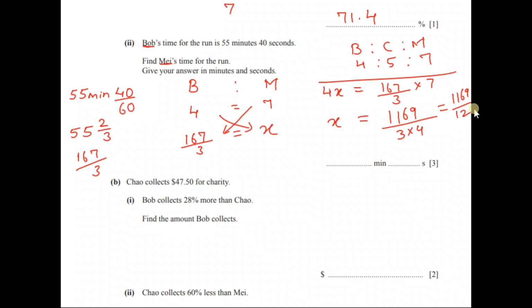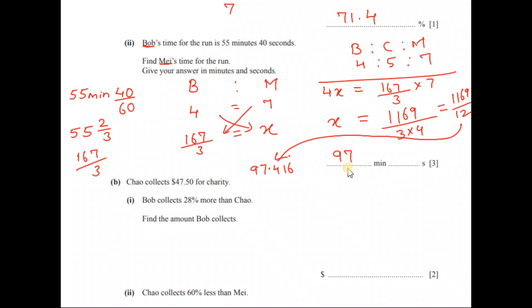So this is the improper fraction I'm getting for my answer. Now if I solve my fraction, I will be getting 97.416, with recurring on the 6.